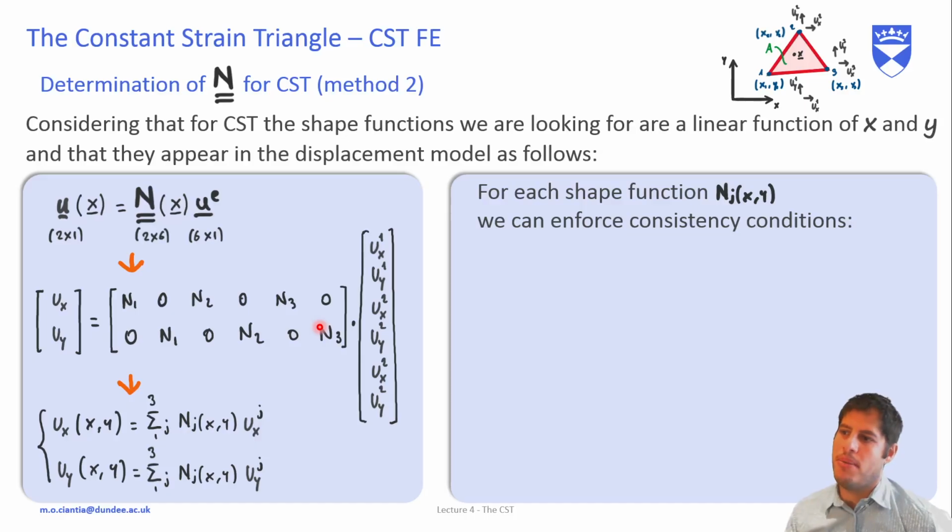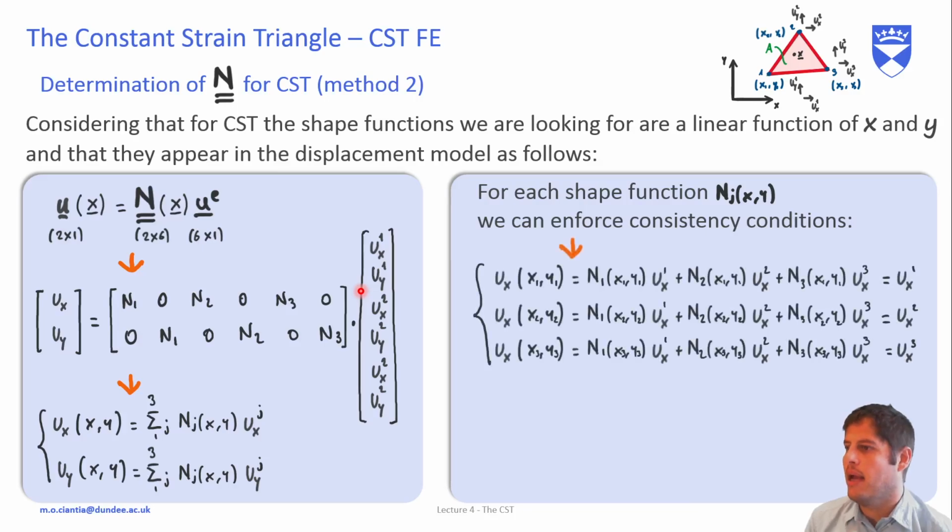So for each shape function, we can enforce consistency conditions. What does this mean? Again, if we write ux in x1 and y1, we have N1 in x1, y1 times ux1 plus N2 in that position, ux2 plus N3 times ux3 is equal to ux1. So we can immediately see that the only way this would work, if looking at the first line only, is if N1 in this position is 1.